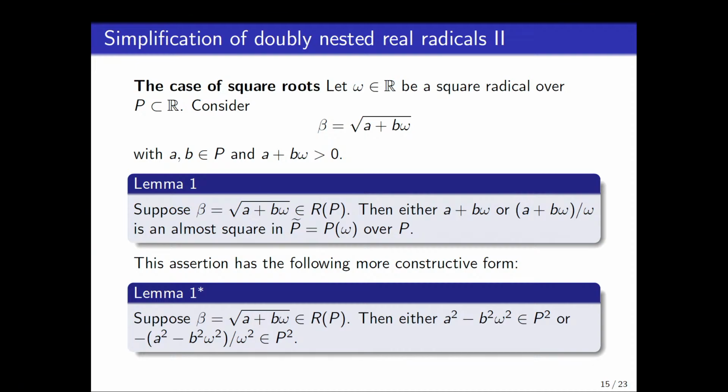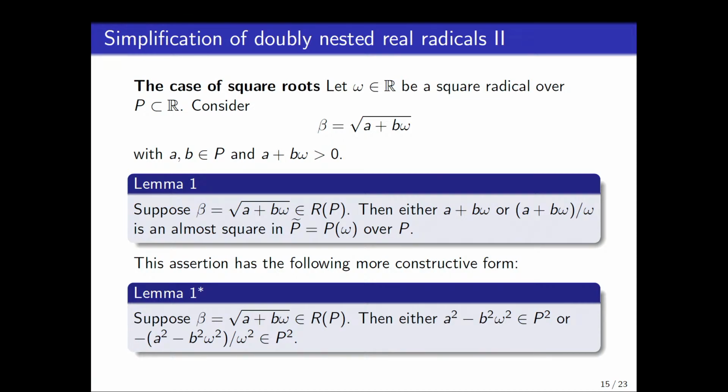So to understand this, let's consider some simpler cases. Let omega be a square radical, say square root of 2. We consider radical beta, which is a doubly nested radical.